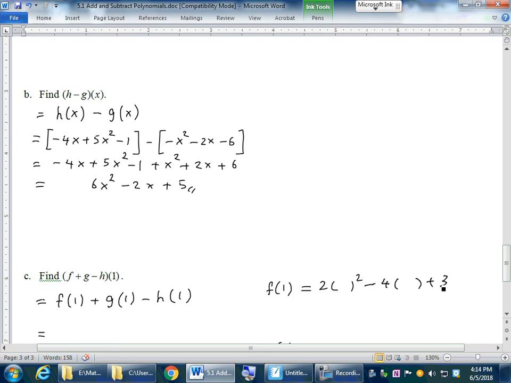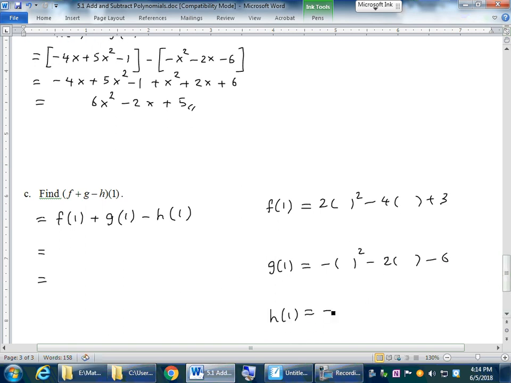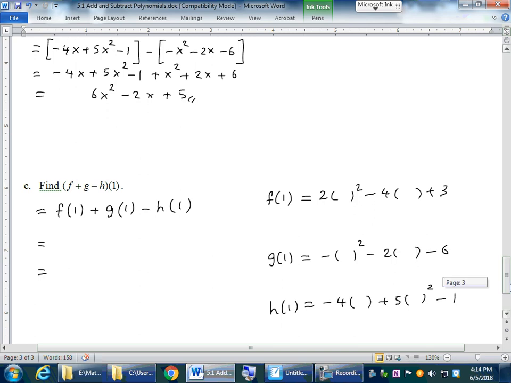So that's f function. And my g function is negative input square minus 2 times input minus 6. My h function is negative 4 times input plus 5 times input square minus 1. So we want to evaluate all of this.